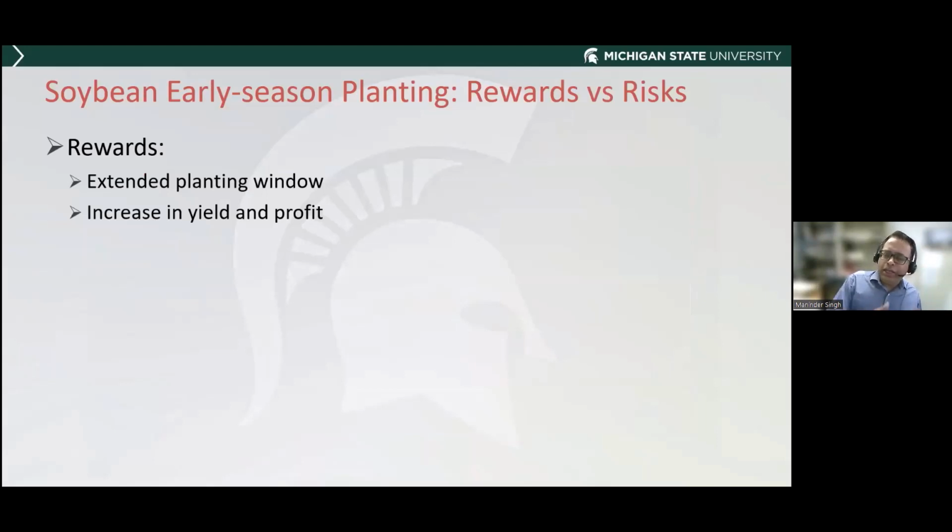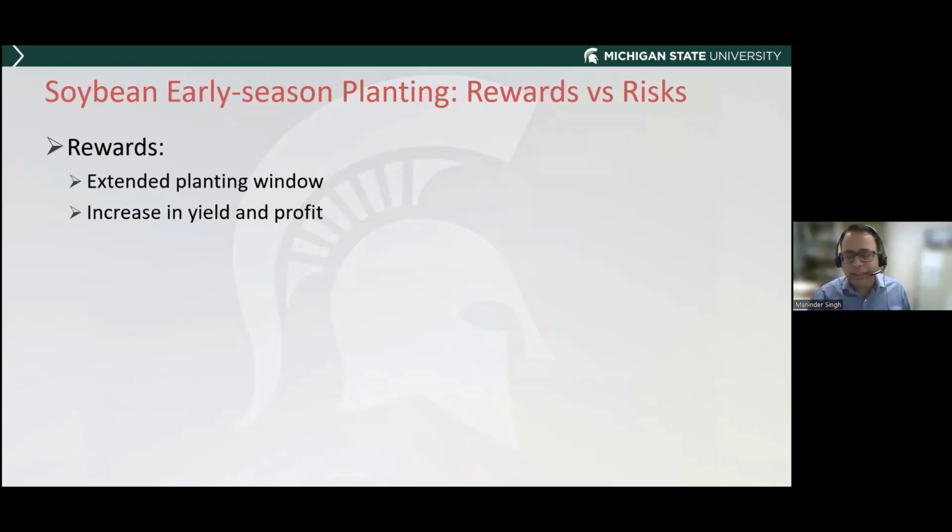As I just showed you, there are potential rewards of planting early. We can see a yield benefit and improved profitability because it doesn't cost us more money. If nothing else, we are seeing an extended planting window, so it's minimizing the risk of a delayed planting and the yield loss that comes alongside.